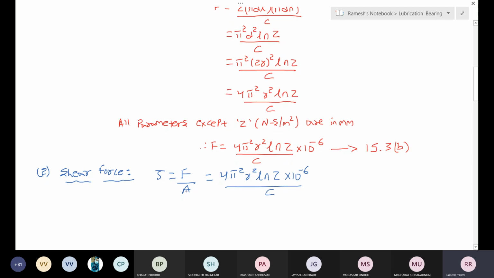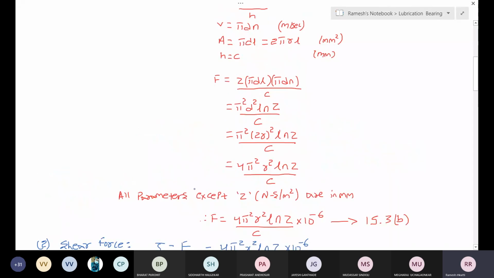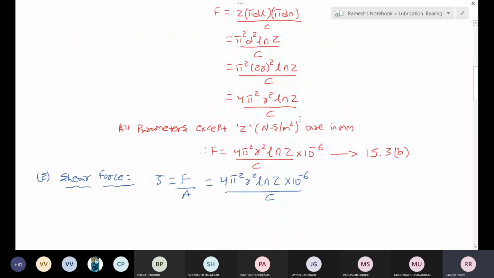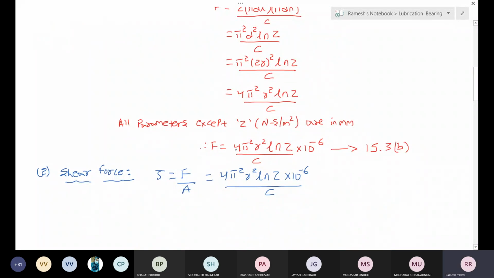And here the area, that is the surface area, is equal to pi d L, or you can substitute as 2 pi R into L, into 1 divided by A. Area is 2 pi R into L. Here L will get cancelled, R will get cancelled with this. Similarly, pi, and this is 2 ones and this is 2 twos are 4.